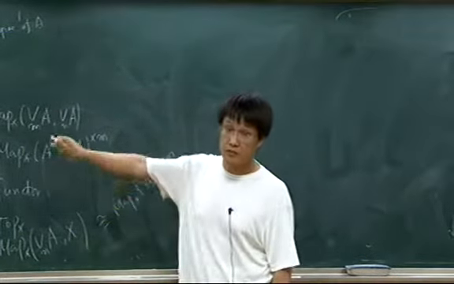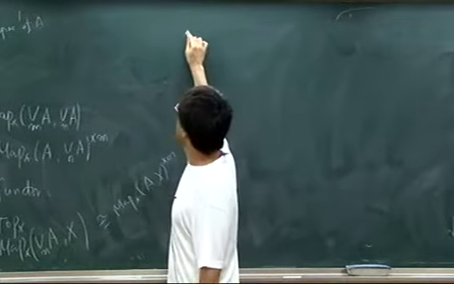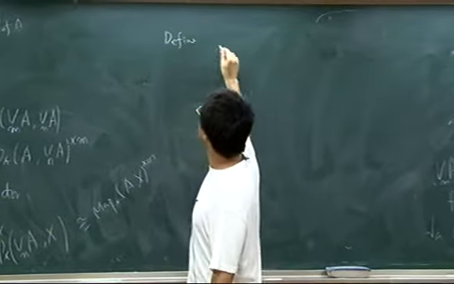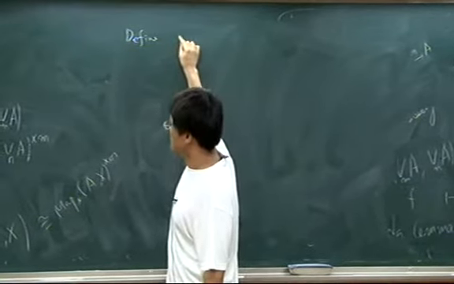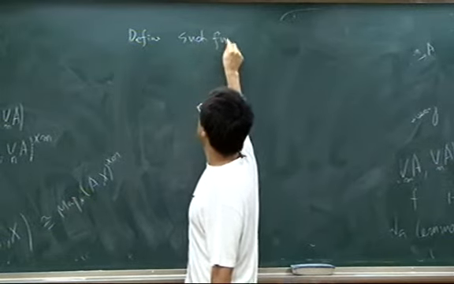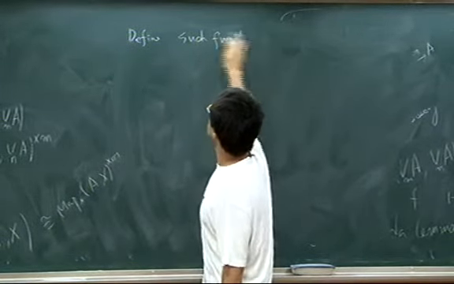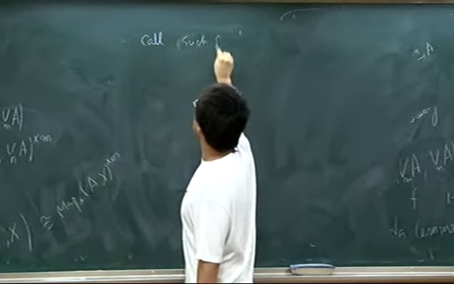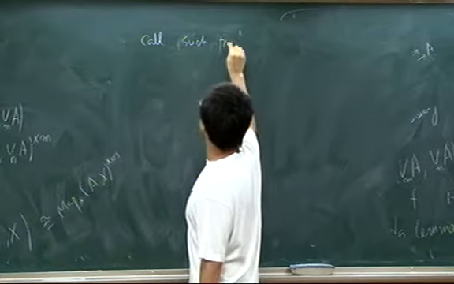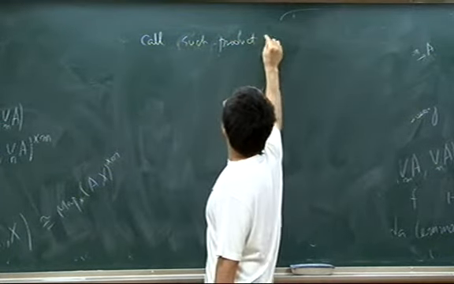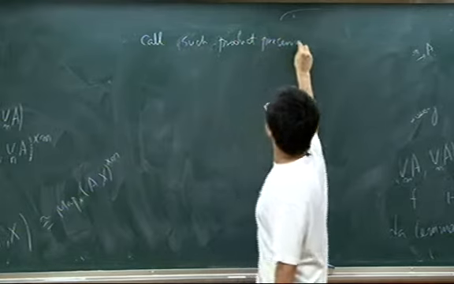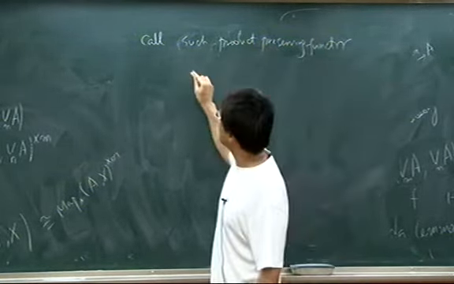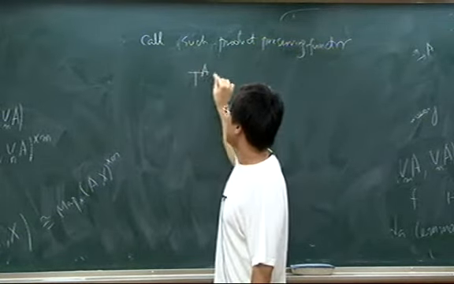So this is a product preserving functor. We call such product preserving functors, let's say, TA algebras.